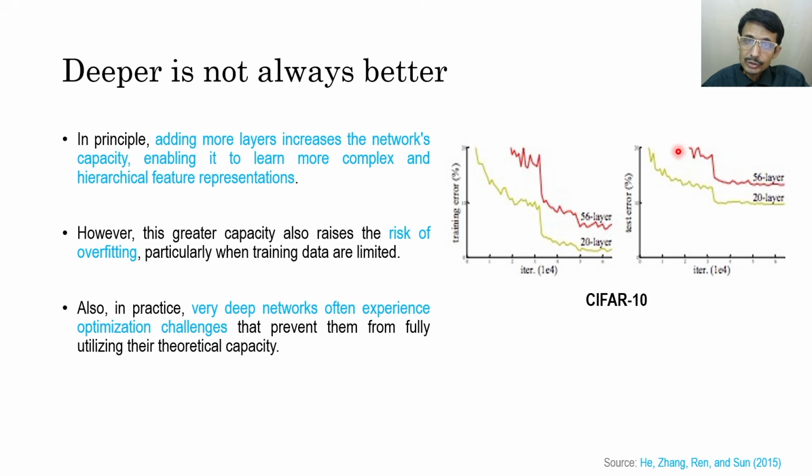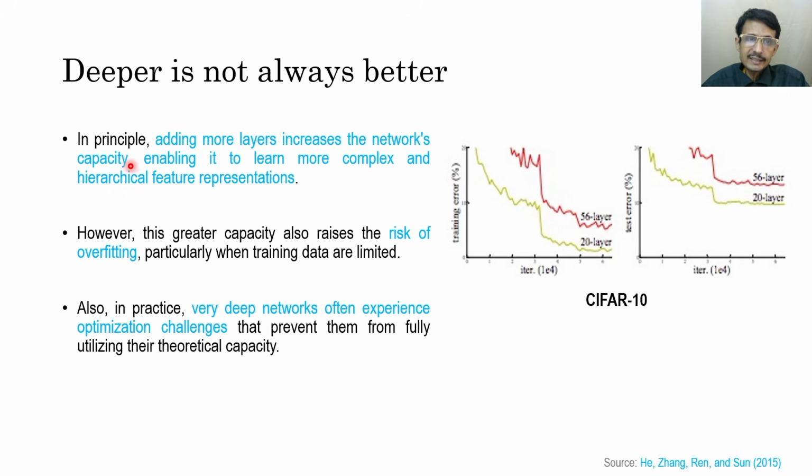But very interestingly, this is in the training case also. This 20 layer model is performing better than the higher layer models. So that means overfitting is not the reason. It is something else, something more.